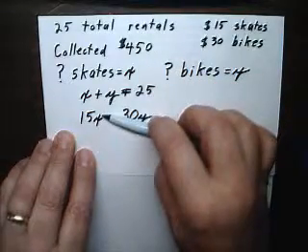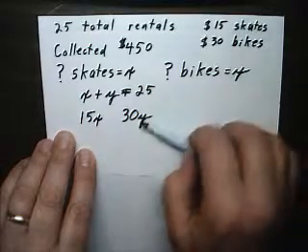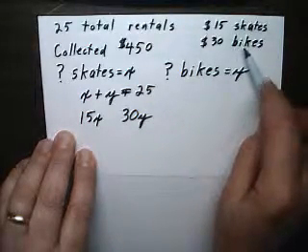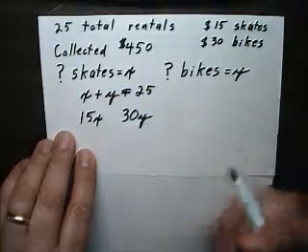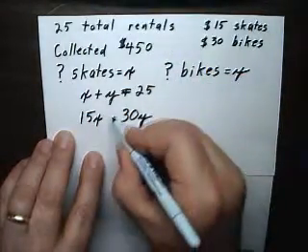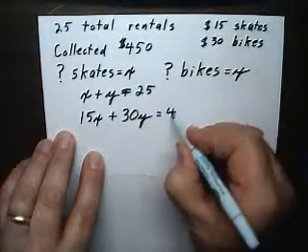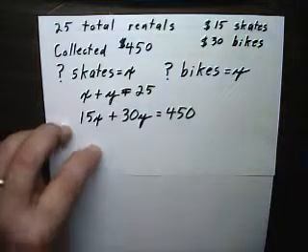This 15x represents how much money they collected for the skates. The 30y represents how much money they collected for the bikes. And altogether they collected $450. So I'll add this together, and I get $450.